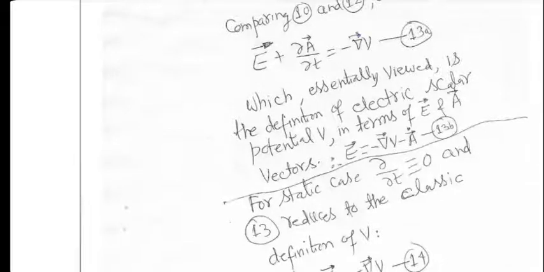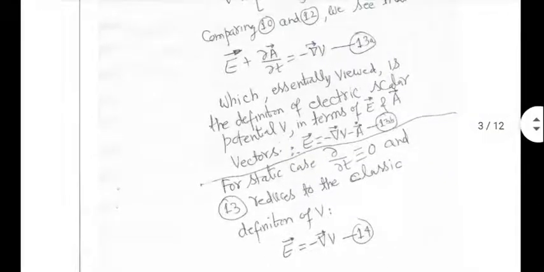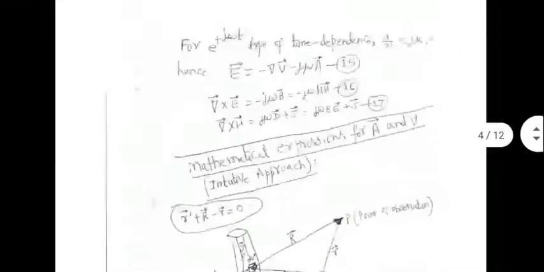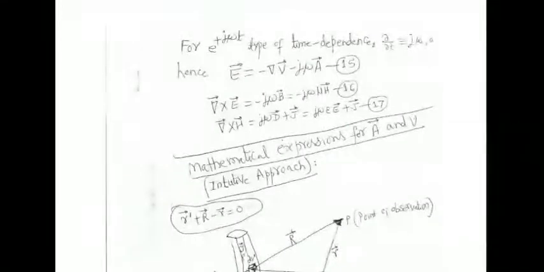Now these two potentials need to be known in terms of rho and J. Then it's easy to figure out E and H based on these equations that we have got. For the static case, the time derivative is zero, so the definition simplifies to the well-known formula E equal to minus del V. For e to the power j omega t type of time dependence, obviously d by dt becomes j omega.